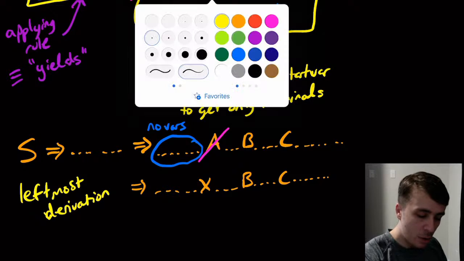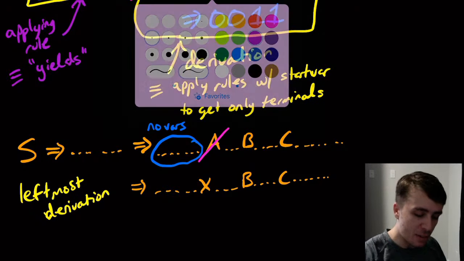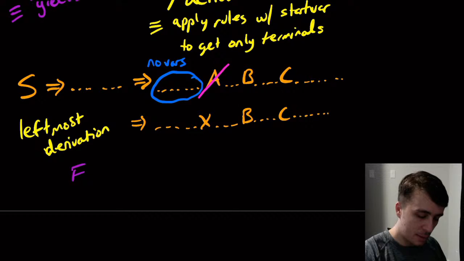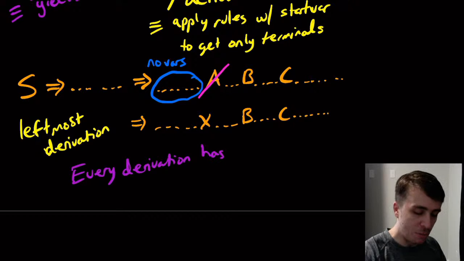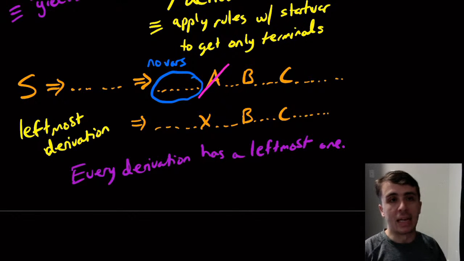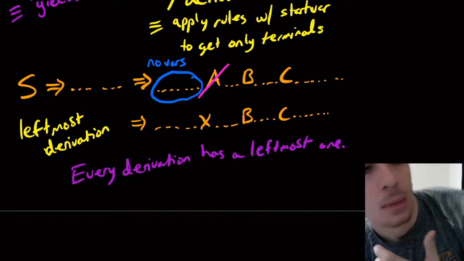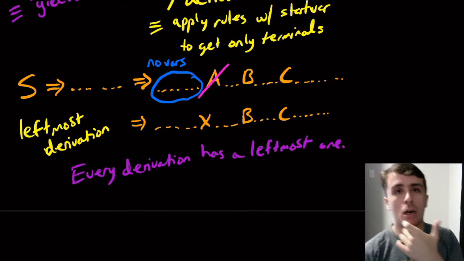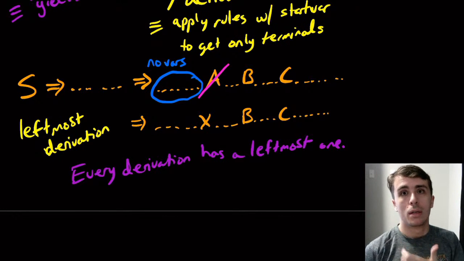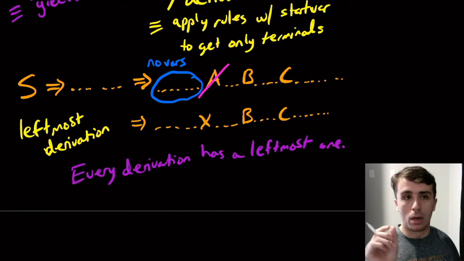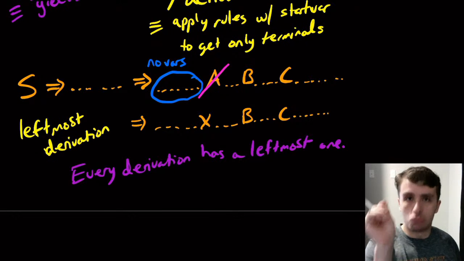So one thing that you can kind of see if you think about it is that every derivation has a leftmost one. And why is that the case? So if you think about it, we are dealing with context-free grammars here. So the only thing that matters for applying a rule or not is replacing one variable with stuff.